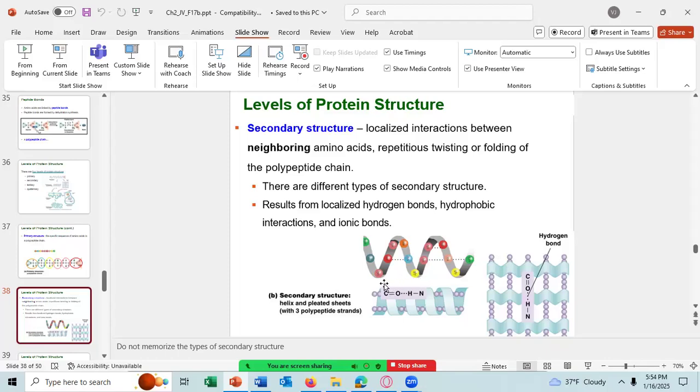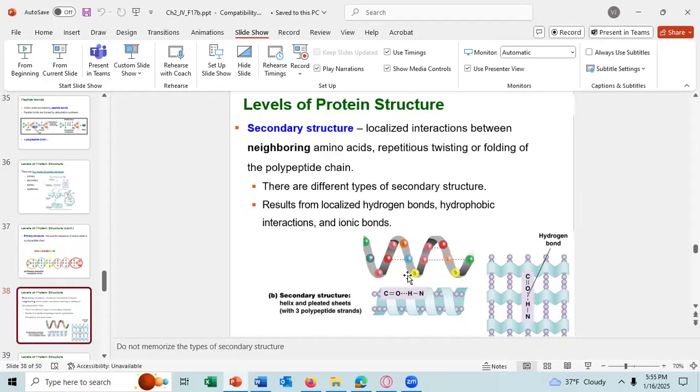Another force of repulsion could be, this could be a nonpolar amino acid and that could be a polar amino acid. They will be repulsed from each other. Let me see if there's any other force of repulsion that I can think of. That's all the forces of attraction and repulsion that I can think of.